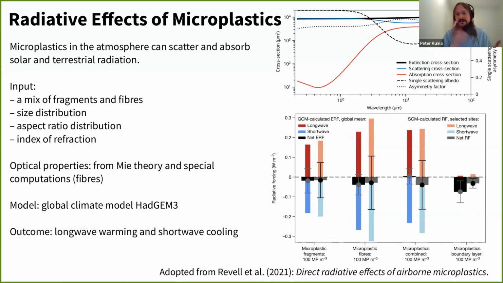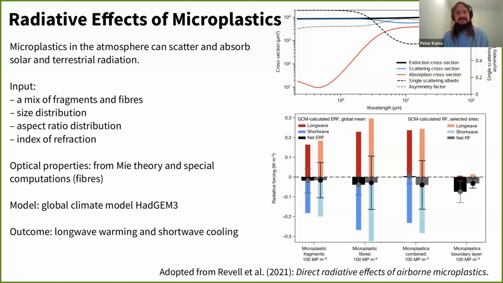And this is some work that I've been doing, which is quantifying how microplastics affect radiation in the atmosphere. Because microplastics are new constituents that we added into the atmosphere, they affect solar radiation and thermal radiation by scattering, absorption and emission. And so due to these effects, they change the radiation balance. It's probably a very small effect, and indeed we showed that it's a small effect.